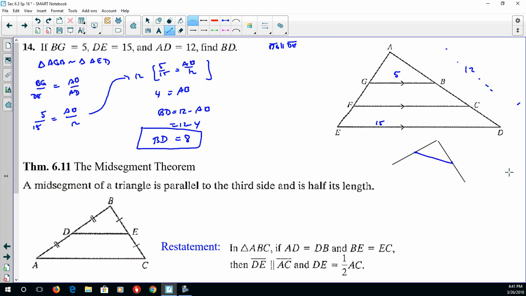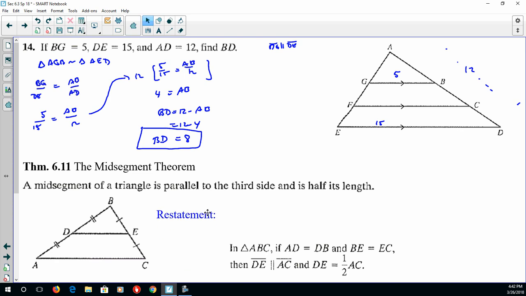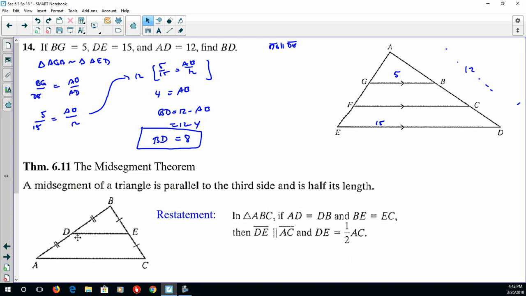So in this case, we have a triangle ABC, and D is the midpoint of AB, and E is the midpoint of BC. If you know that much, then DE and AC are going to be parallel, and DE equals 1/2 of AC.